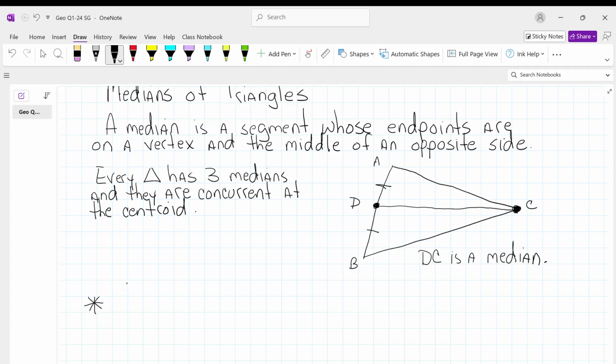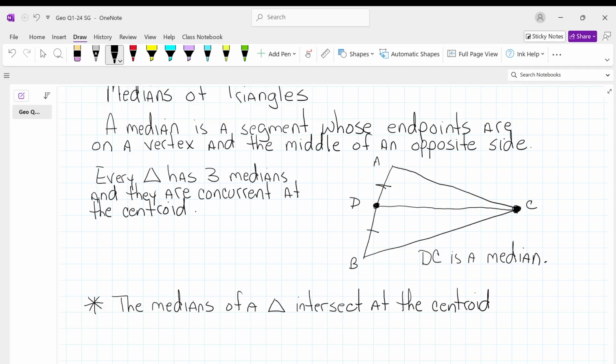And the centroid theorem states the medians of a triangle intersect at the centroid, which is two-thirds the distance from each vertex.